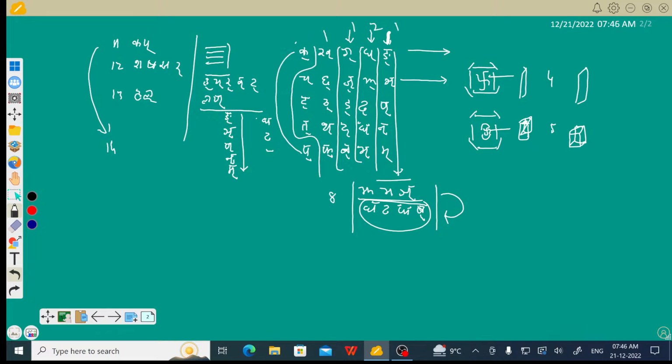Then remain the Ushmana letters, Sha, Sha, Sa. It again leads to a pair of sutras.